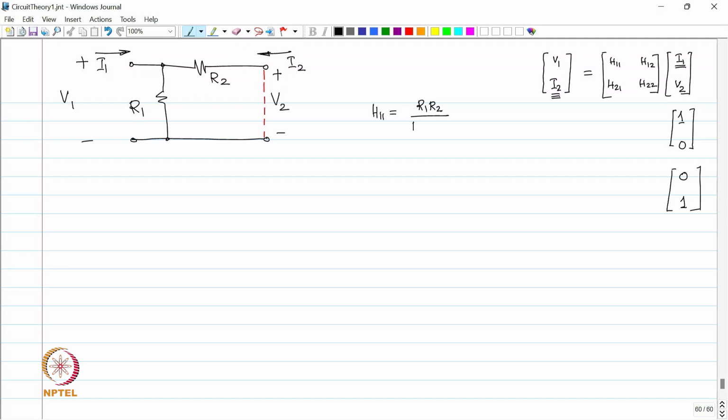So, R1 and R2 are in parallel with each other. So, H11 is R1 in parallel with R2. Okay. H21, I have pushed I1 of 1 ampere, I get current division. How much current proceeds through R2? R1 upon R1 plus R2, and then what is I2?